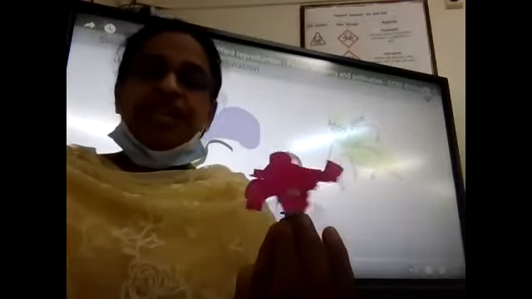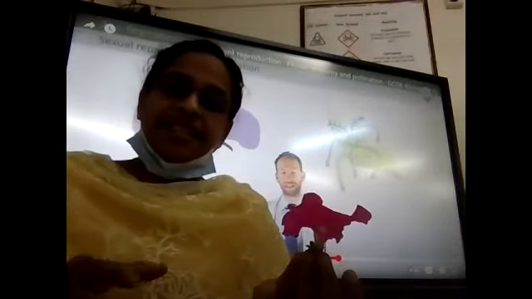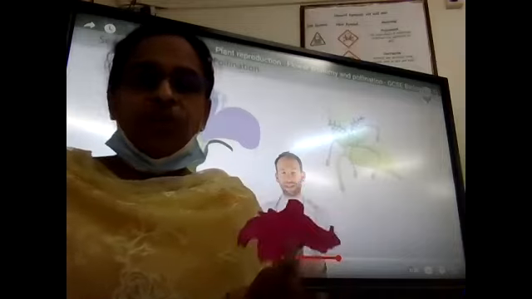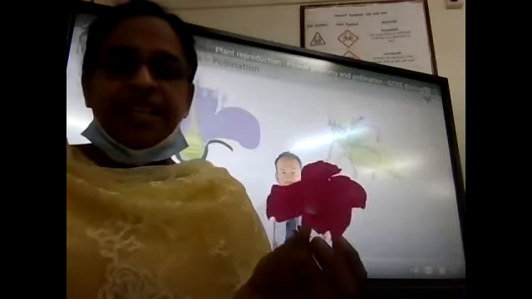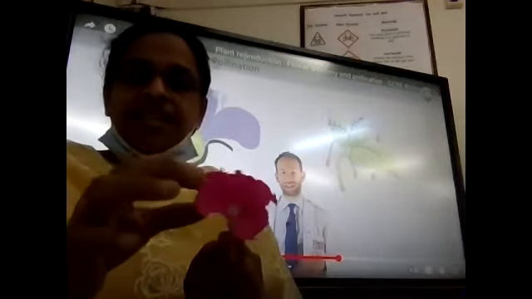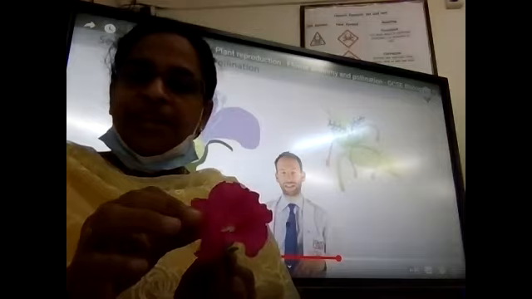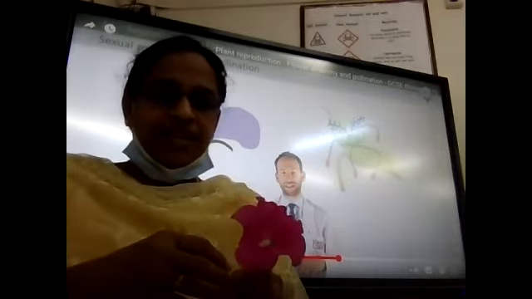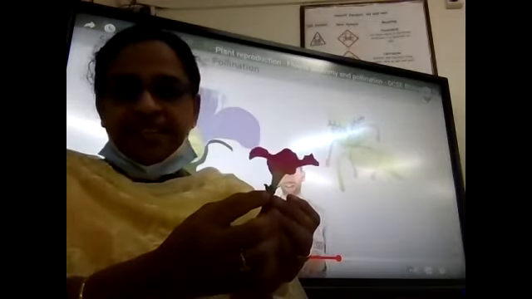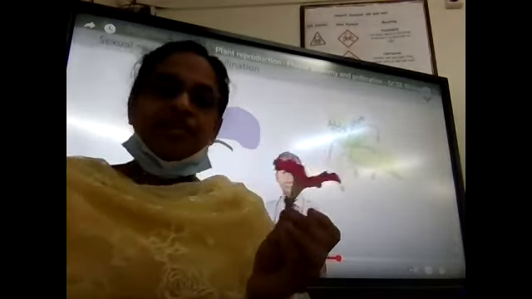What about this flower? What do you think? Is it insect pollinating or wind pollinating? Insect. One thing is, it has brightly colored petals, so insects will get attracted. And it has nectar here, so that the bees will come to take the nectar or honey.